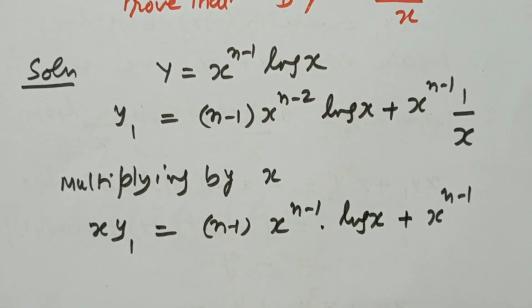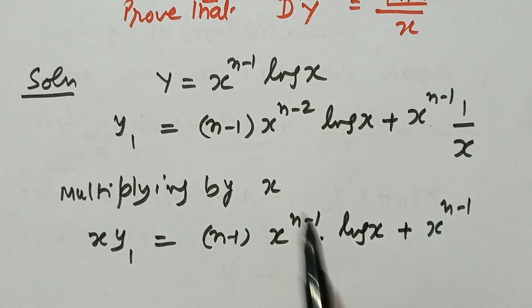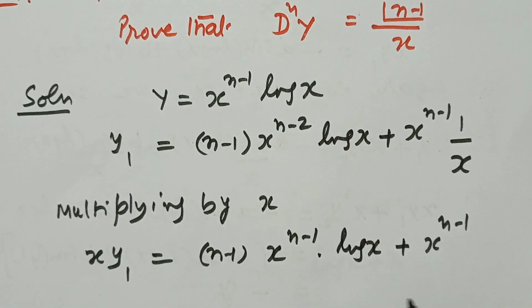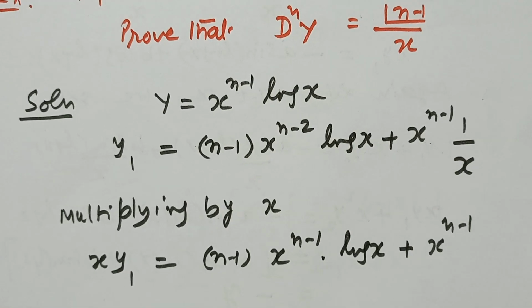We need a total of n times differentiation, but we have differentiated 1 time. So how many more do we need now? We need n minus 1.